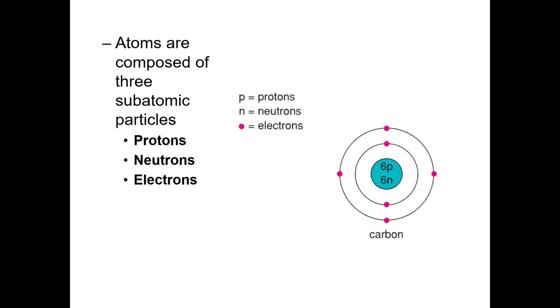This is showing you carbon. Carbon has 6 protons, 6 neutrons. Its atomic mass is 12 because we add the protons and neutrons together to get the atomic mass. And then we have, in this case, 6 electrons circling around. That first orbit or shell holds 2 electrons. The second and the third can hold up to 8. So technically, carbon does not have a full outer shell.